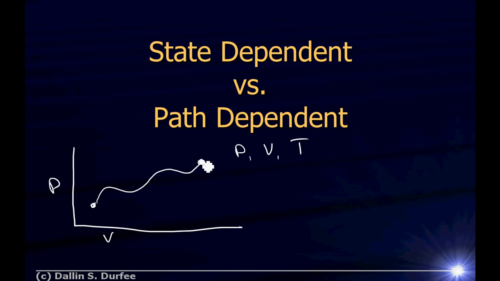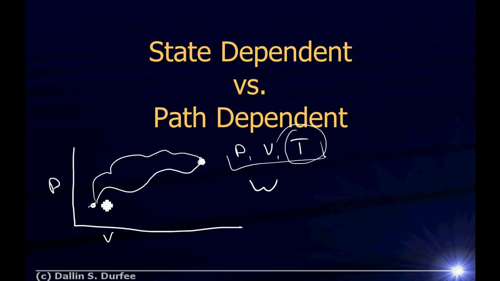If I know how many moles of gas I've got, and I know where I am on my PV diagram, that tells me all of these things. Temperature is a state-dependent variable. It doesn't matter how I got from here to here. If I go along this path or this path, the temperature change will be the same. It only matters where I started and where I ended.